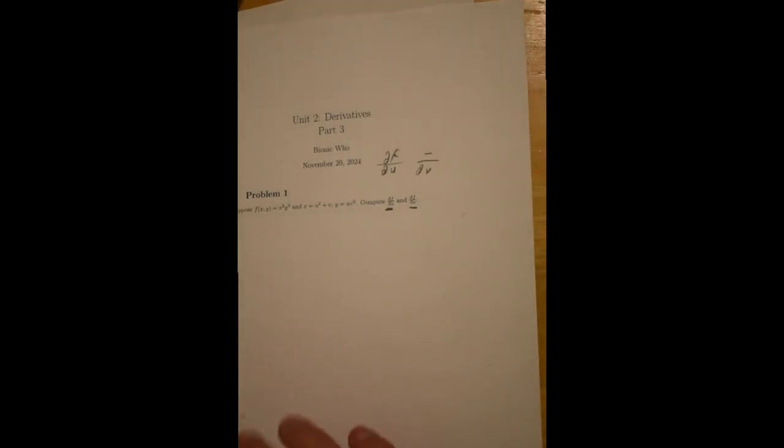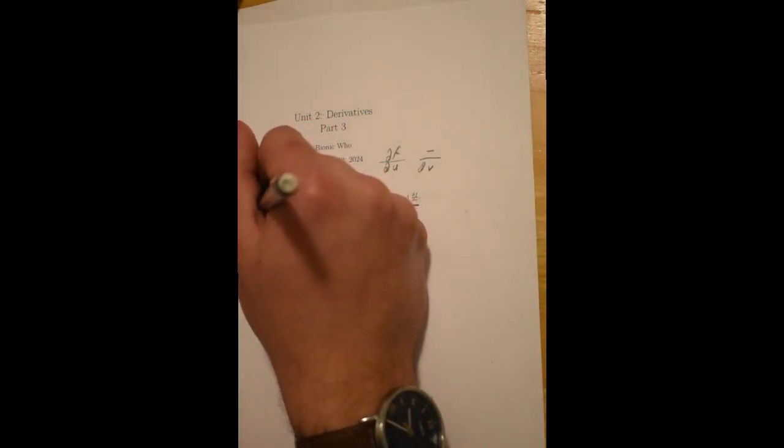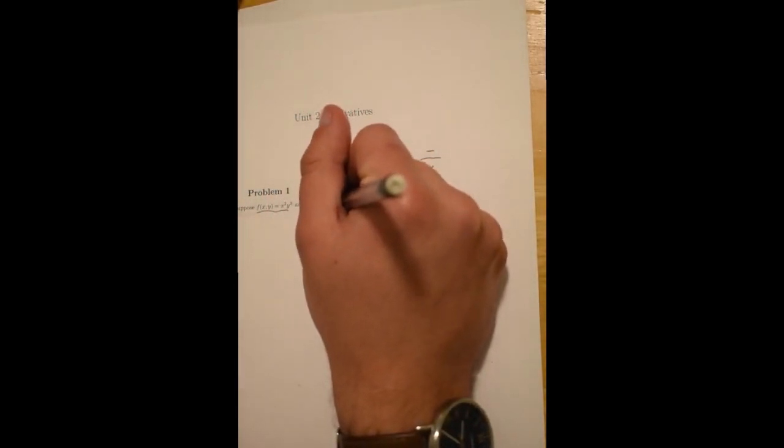But basically what we're trying to get is the derivative of our f over u and our f over v. Now this will make sense a little bit later, but for now, since we have all of these formulas, we are going to write something out.